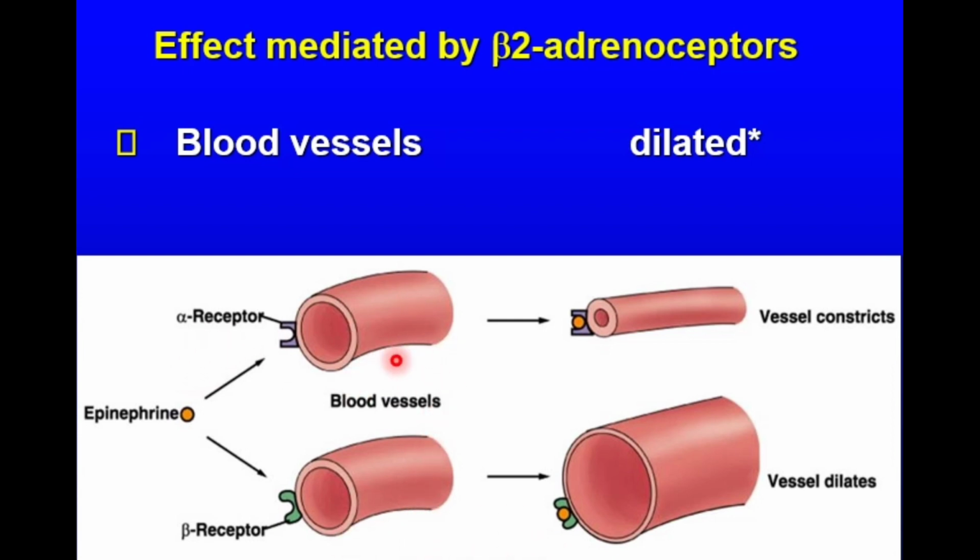Noradrenaline released from sympathetic neurons only activates alpha-1 adrenoreceptors and causes vasoconstriction. Beta-2 adrenoreceptors are activated by circulating adrenaline. Adrenaline, by activating beta-2 adrenoreceptors, will cause vasodilatation.